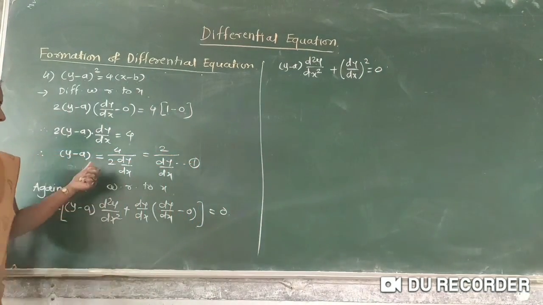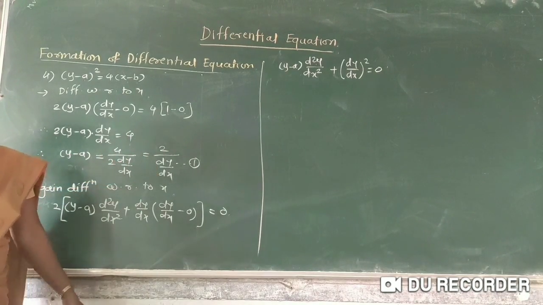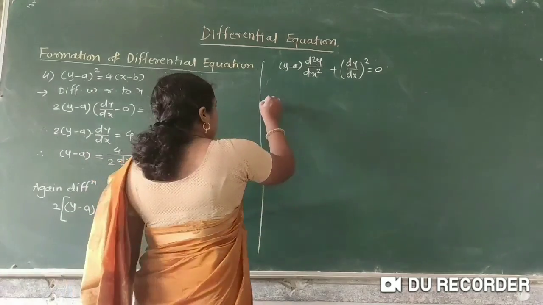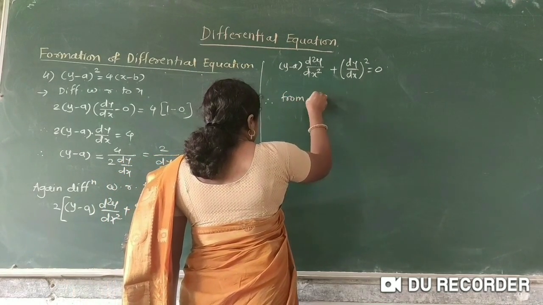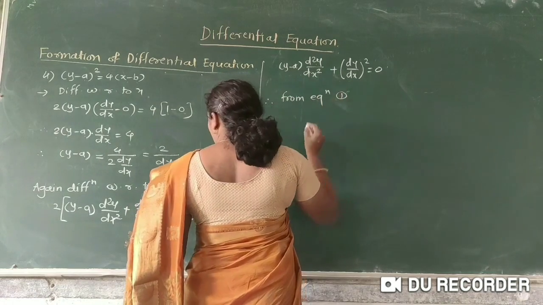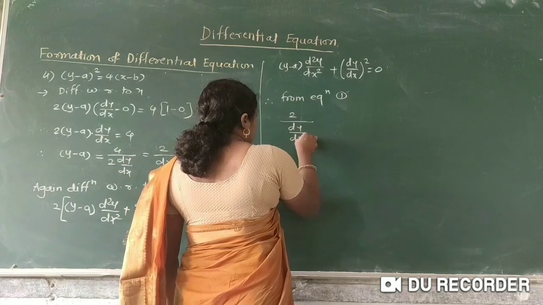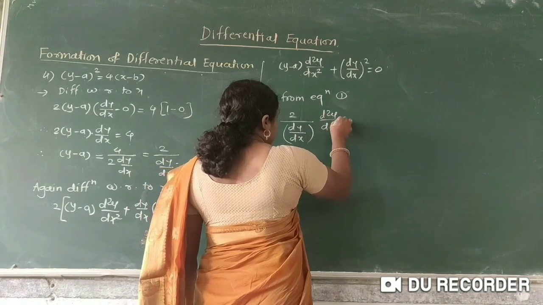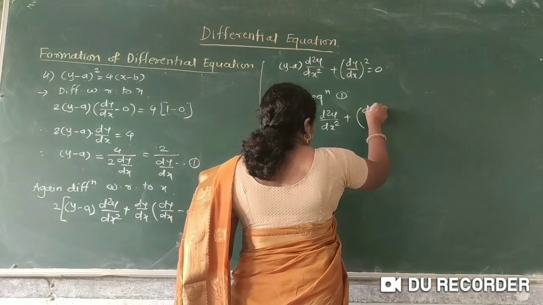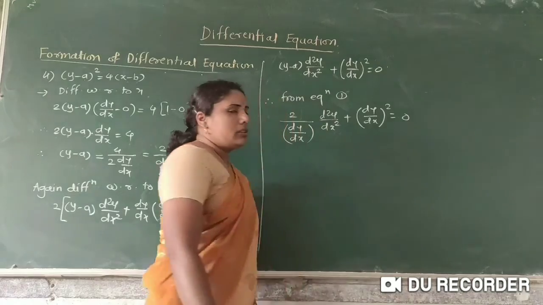And substitute this value in equation 1, y minus a equal to 2 upon dy by dx. Therefore, from equation 1, we get 2 upon dy by dx into d2y by dx square plus (dy by dx) square equal to 0.